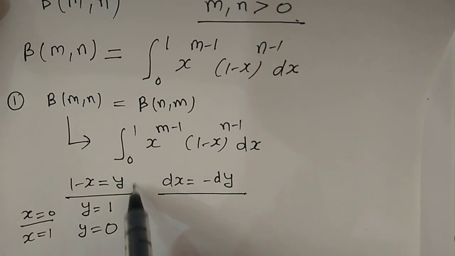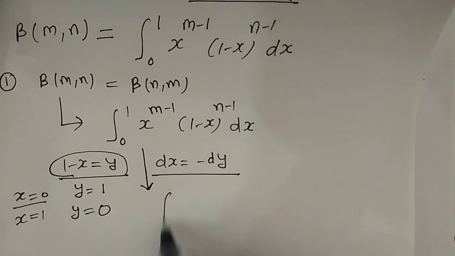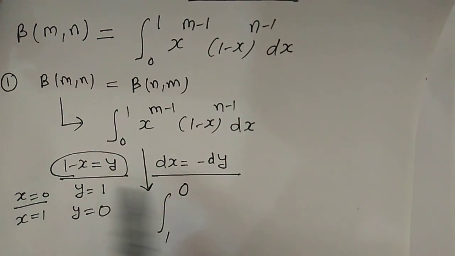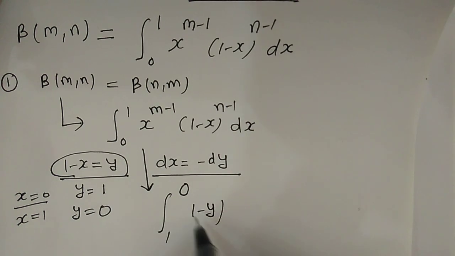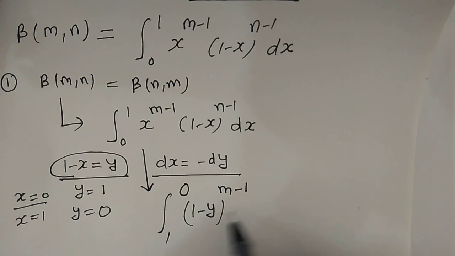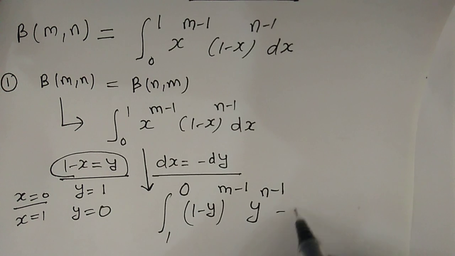So using this transformation, this integral will change. This will be 1 to 0, and x equal to 1 minus y, so (1-y)^(m-1), and 1 minus x equal to y, so y^(n-1), and minus dy.